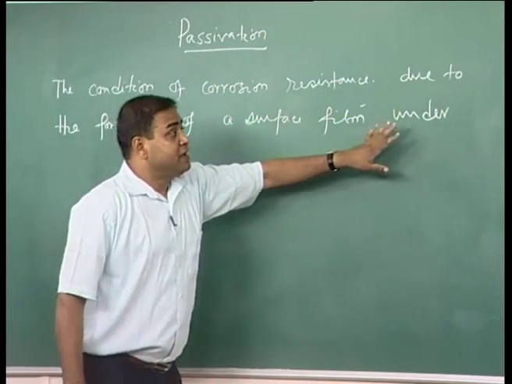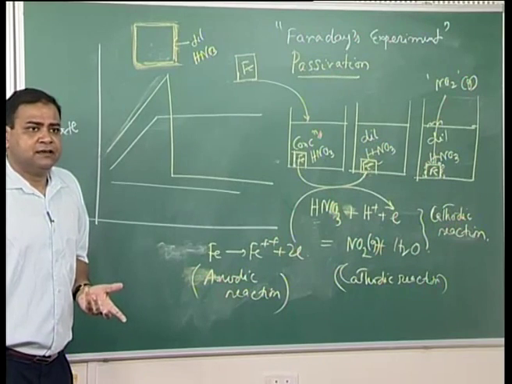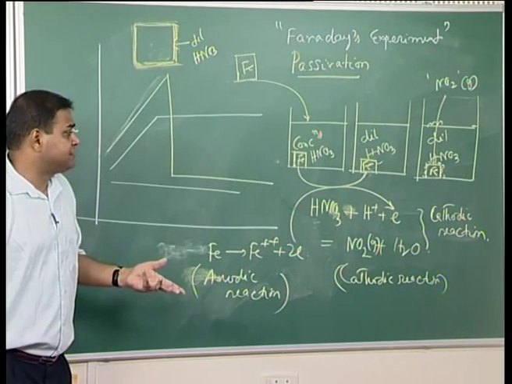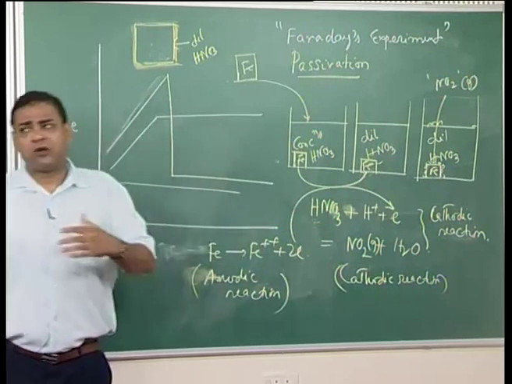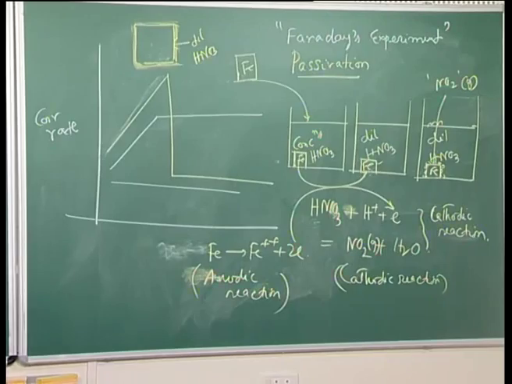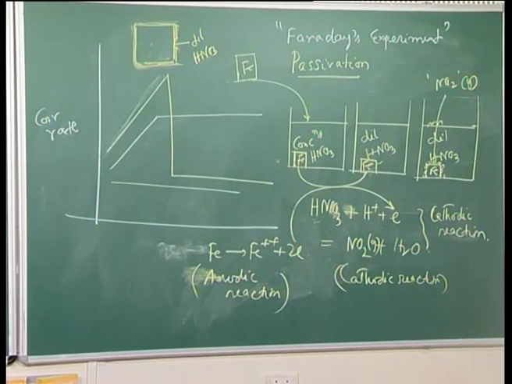Here HNO3 is a highly oxidizing acid, and at the same time you are getting a cathodic reaction whose potential is of the order of 0.80 volt with respect to standard hydrogen electrode. So, this is a highly oxidizing solution or highly corrosive medium, and concentrated HNO3 is a very highly corrosive medium. In that case I am getting this passivation.